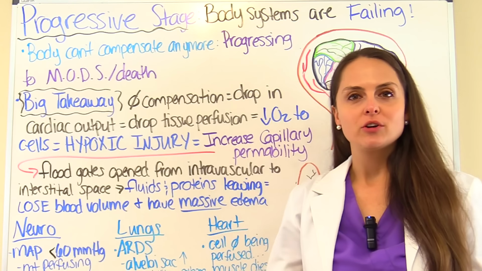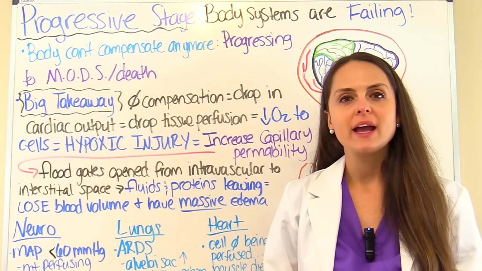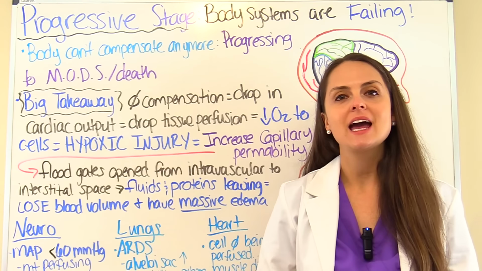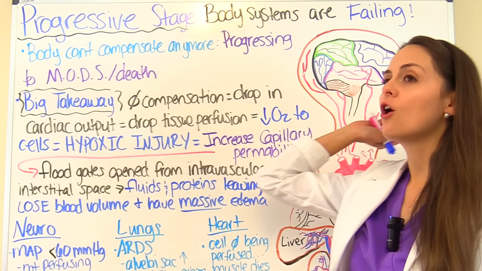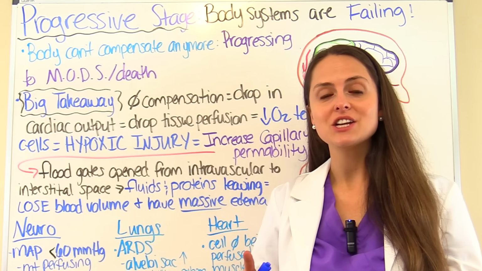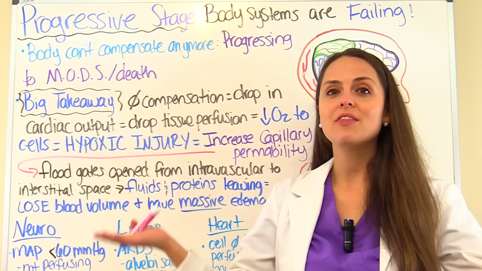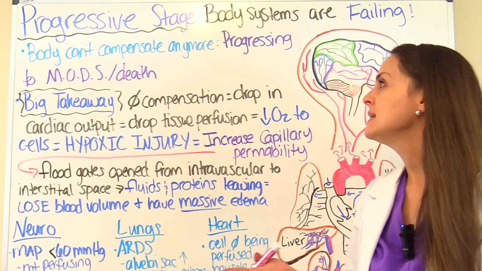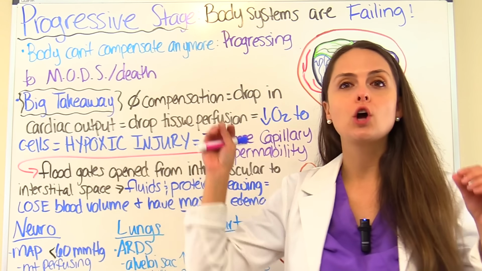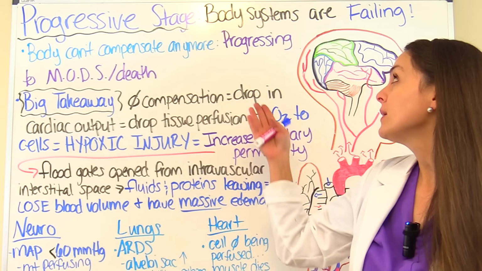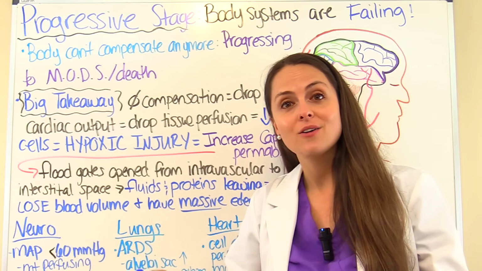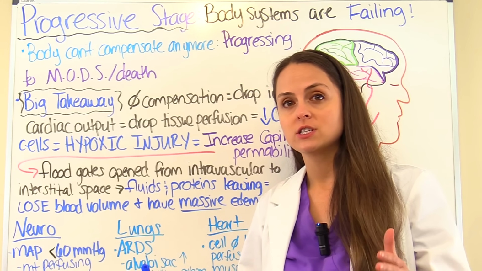Now let's talk about the progressive stage of shock. Okay, in a nutshell, what's going on in this stage is that the body systems are failing. In the previous stage, they were rescuing, but now they are failing. And what's happened is that the body can no longer compensate. So the body's really progressing now to multiple organ dysfunction syndrome.